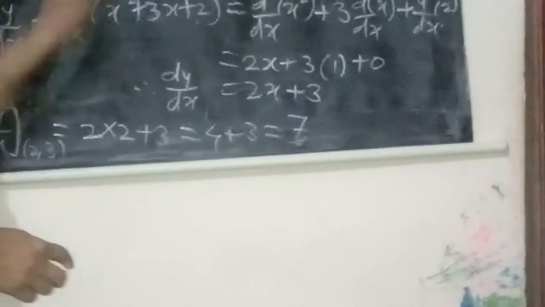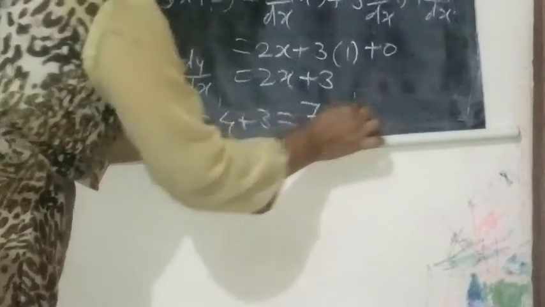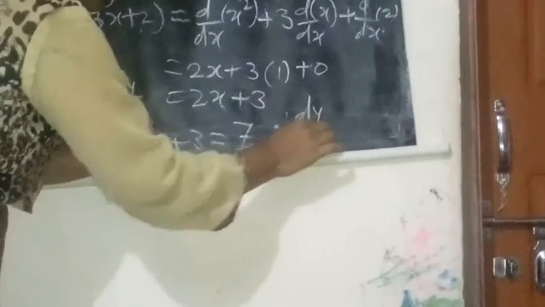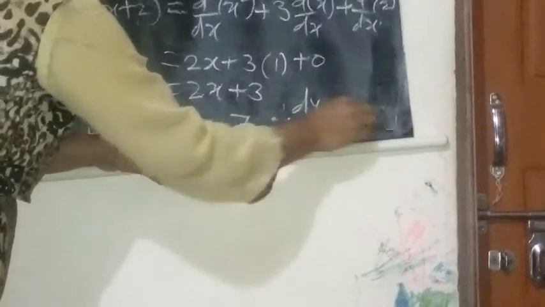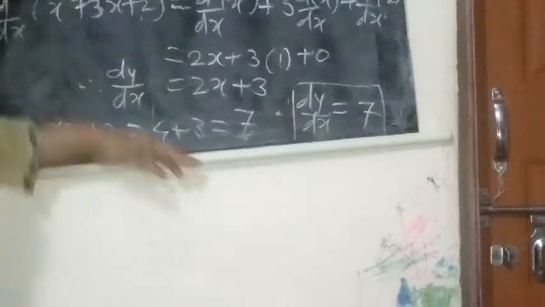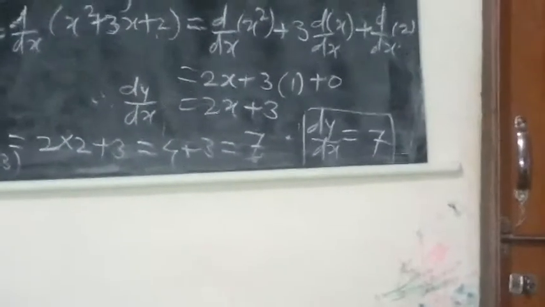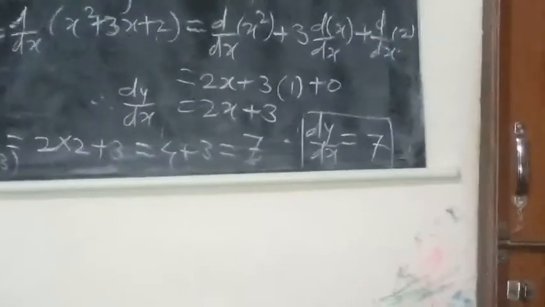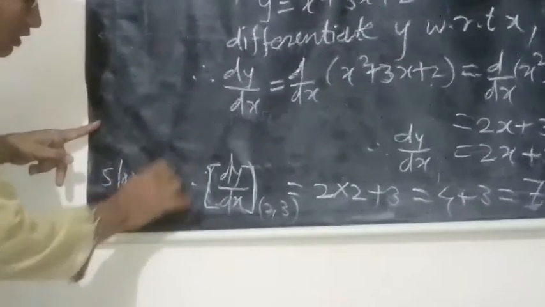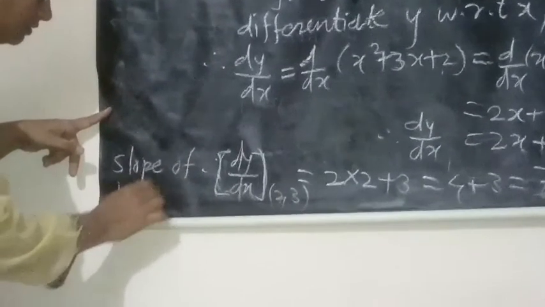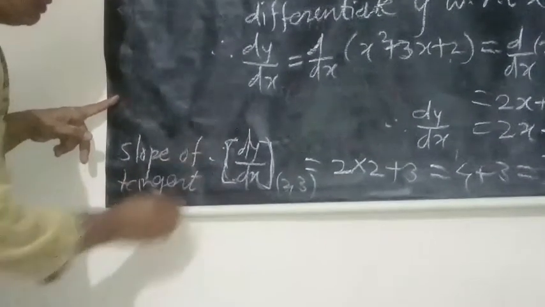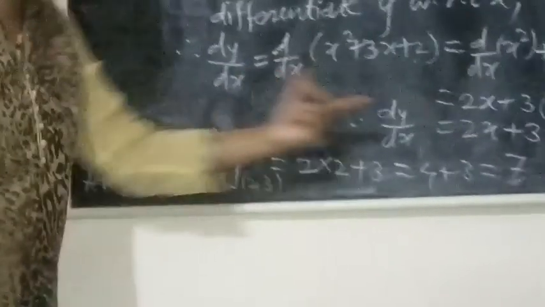Therefore at this point we got the derivative, dy by dx is equal to 7, which is the slope of the tangent at this point (2, 3). That is, we can say here the slope of the tangent, that is dy by dx, is equal to 7.